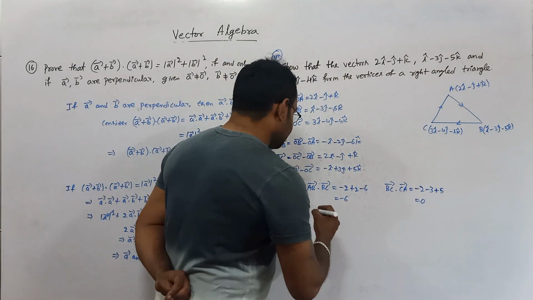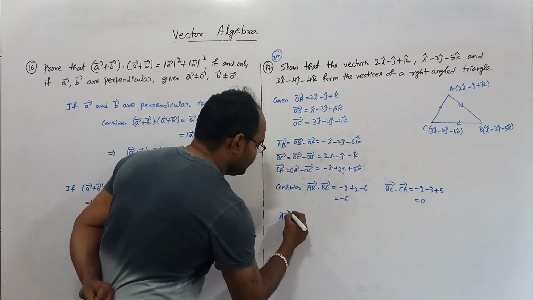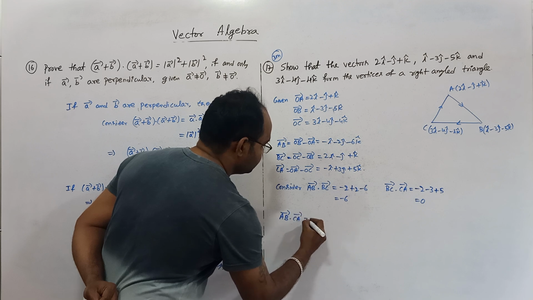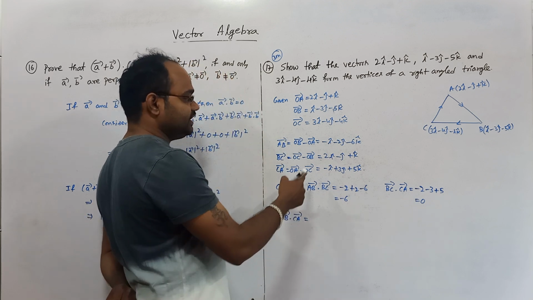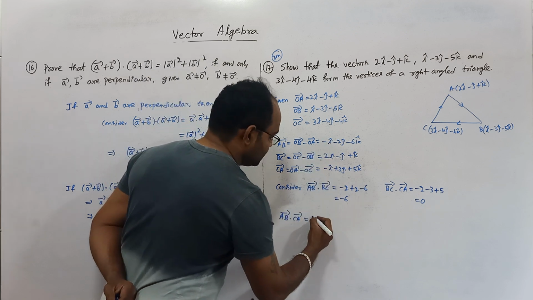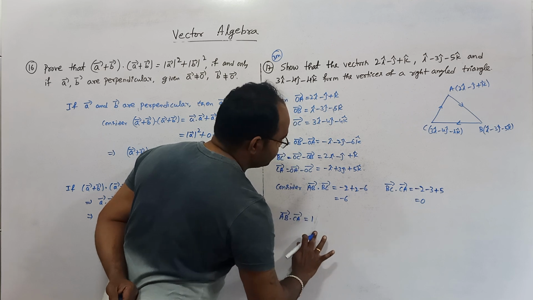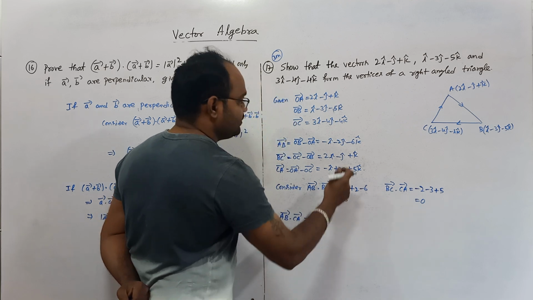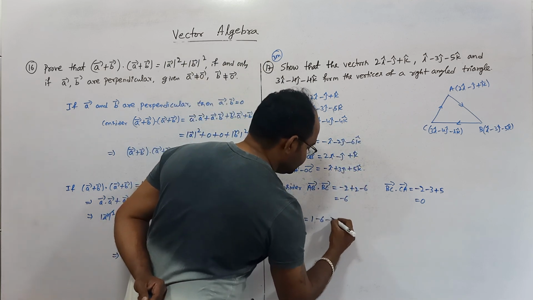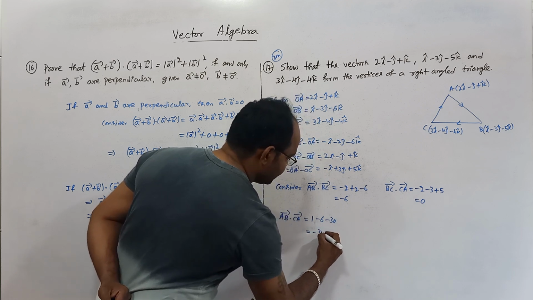And also let us check AB dot CA. What does it become? Minus 1 into minus 1 is plus 1, minus 2 into 3 is minus 6, then minus 6 into 5 is minus 30. So you will get minus 35.